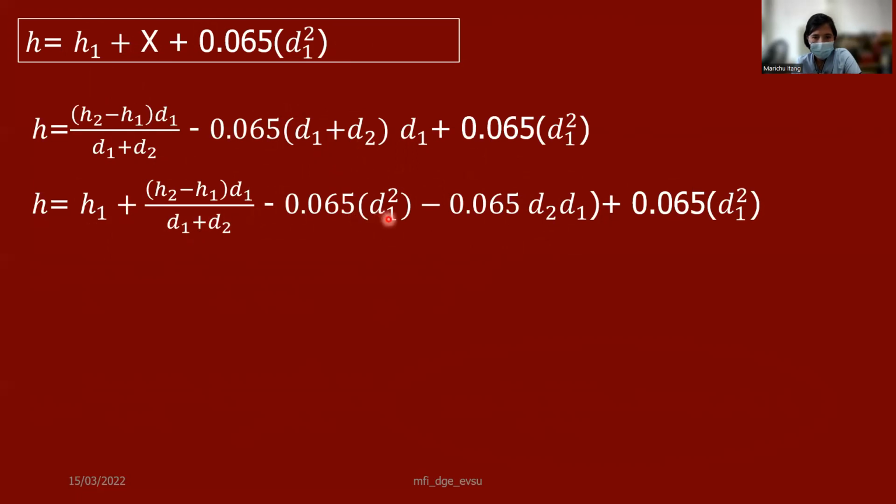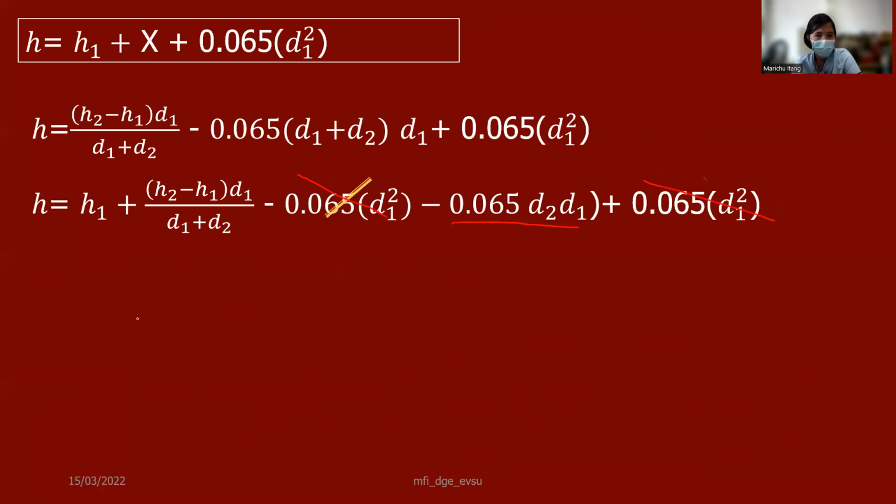So what will happen? So pwede natin siyang ma-cancel out, si 0.065 d1. Meron din dito, cancel out this one, cancel out this one. So pwede natin siyang ma-cancel out. And the remaining would be this one na lang.